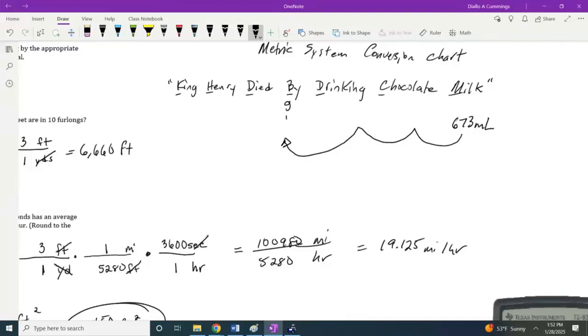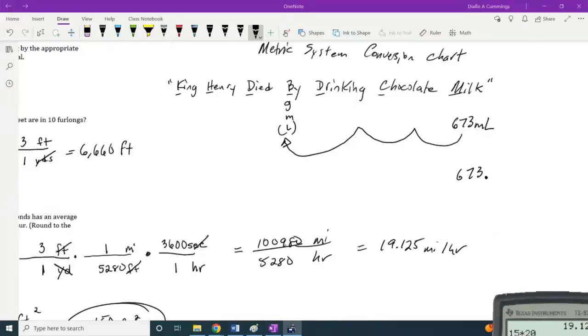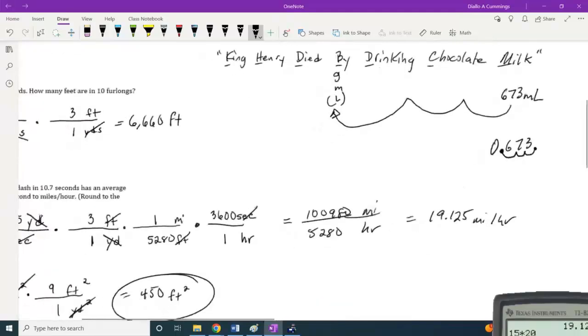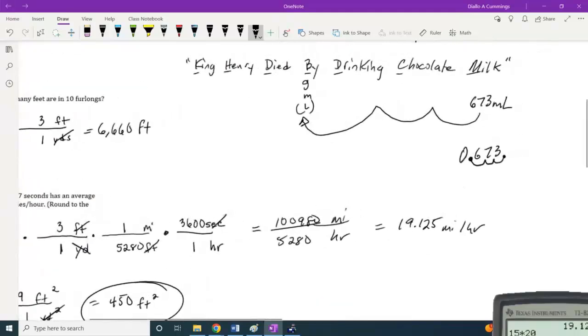Because our base unit is liter. So for 673, the decimal is behind the 3, right? So I move it 1, 2, 3 places. So I should have 0.673 liters.